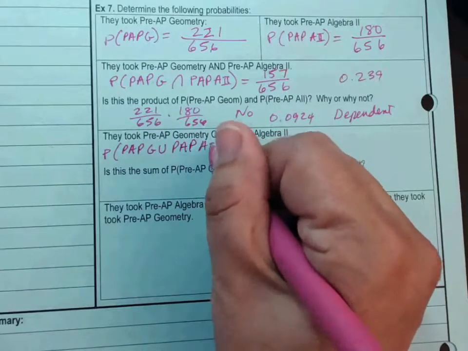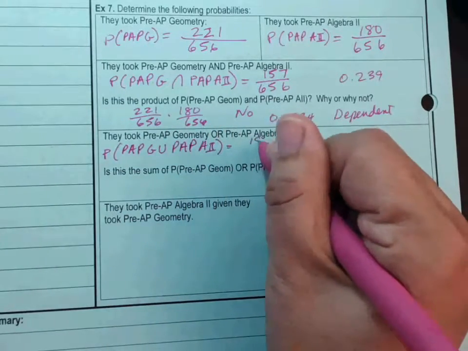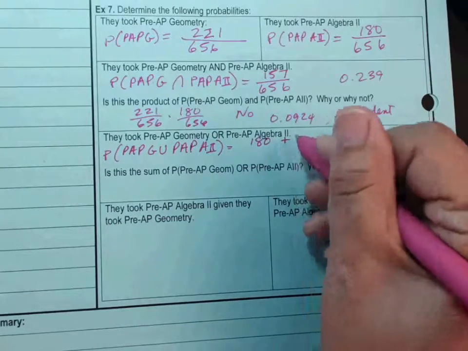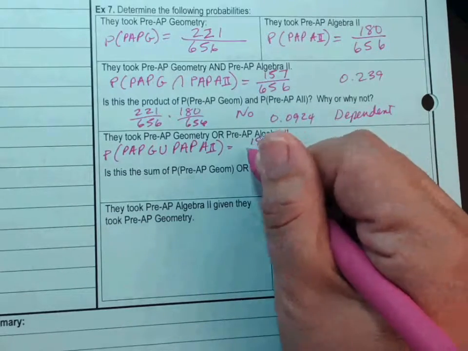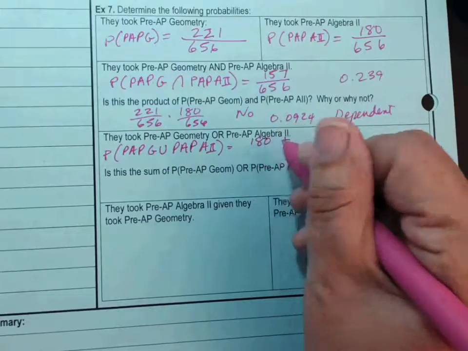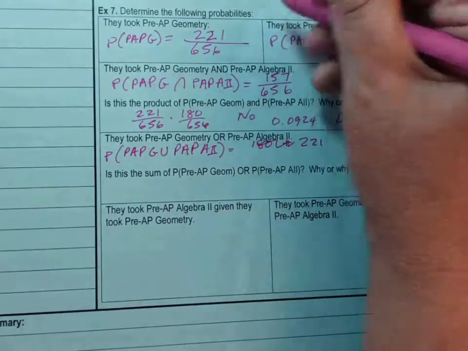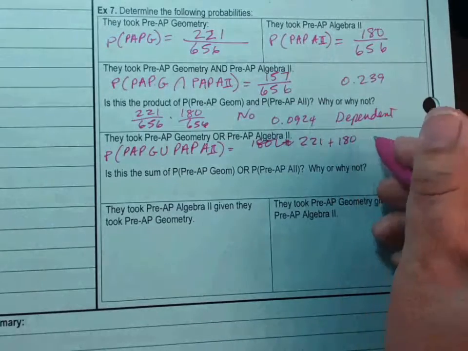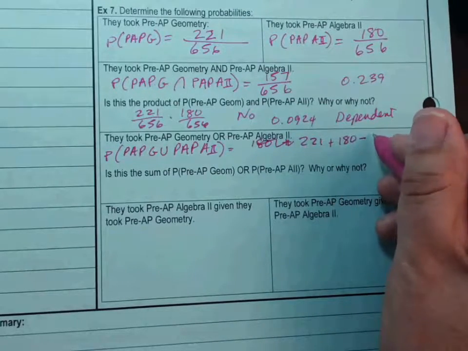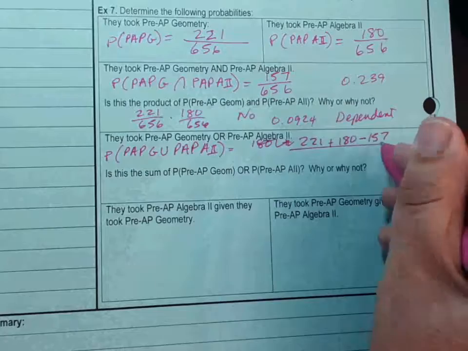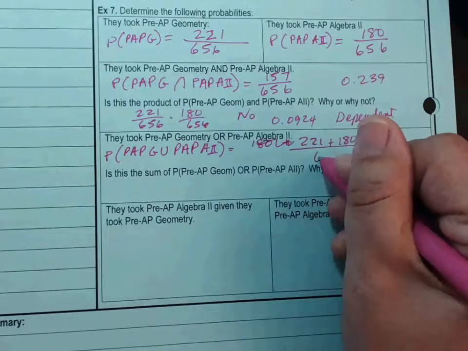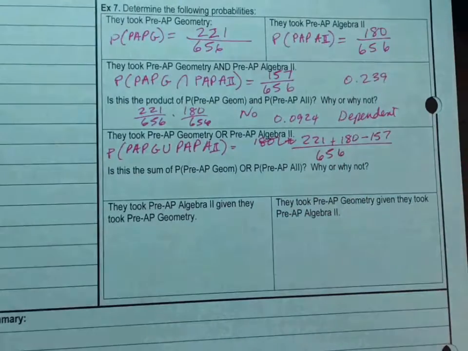I know it's a lot. Well, it's the kiddos who took geometry plus the pre-AP. Oops, I have the wrong numbers in the wrong spots. It's actually the 221 geometry pre-AP kiddos plus the 180 algebra 2 kiddos, but I got to take out the double counts, 157, all over my total because it's not a given.